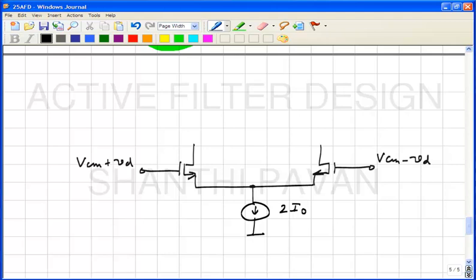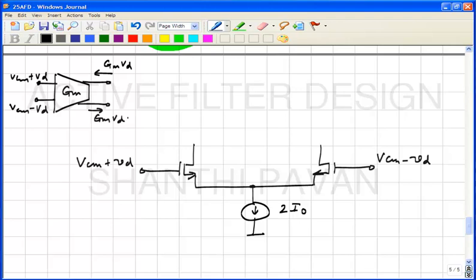Okay. And please note, however, that what we wanted was a contraption like this. This is VCM plus VD, VCM minus VD. This is GM. You wanted GM times VD and minus GM times VD. Correct? What are we getting here?